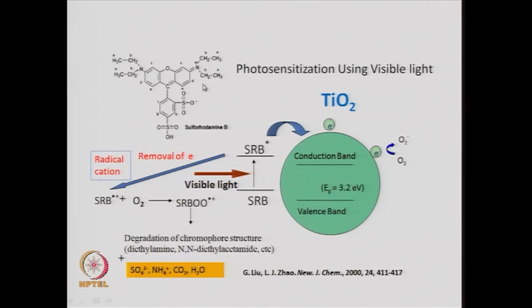So, that is also a catalytic reaction. That means, you are trying to remove an organic dye, you are breaking the organic dye by exciting it with visible light, and this photodegradation of the organic dye through a radical cation in the presence of oxygen can be seen, and the final degradation products of this chromophore.